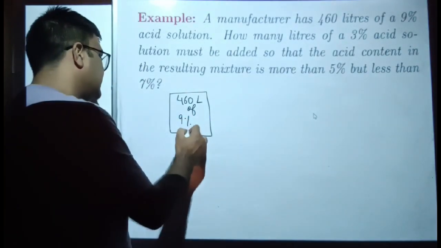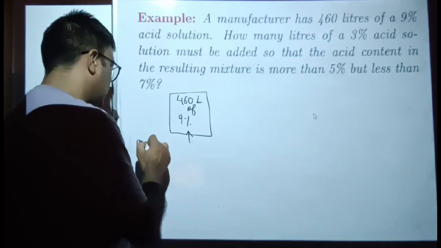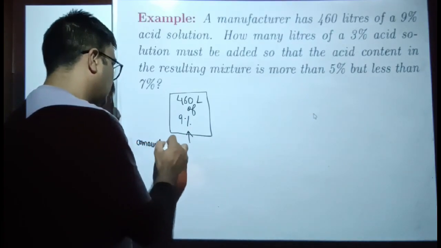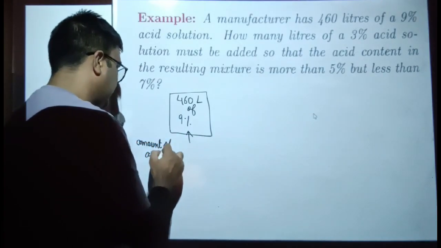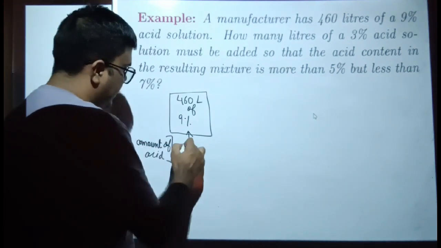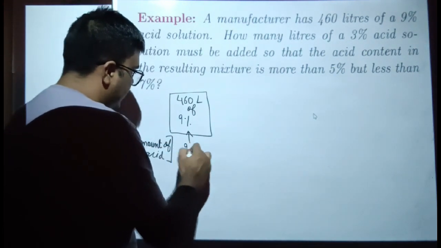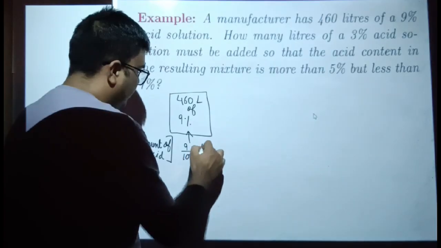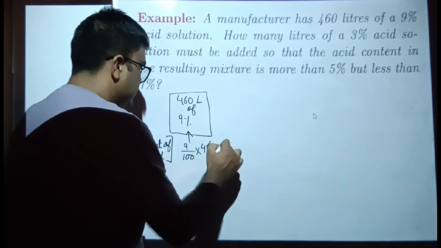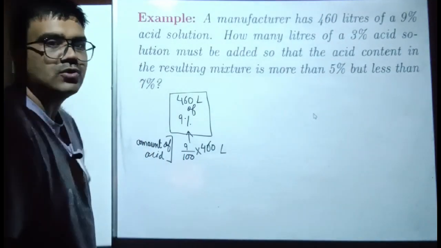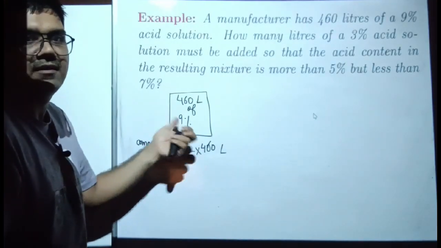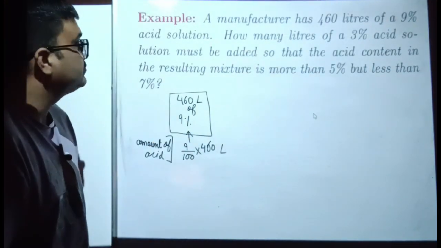So how much acid is there? The amount of acid is 9/100 times 460 liters. This is the amount of acid we have in this sample.